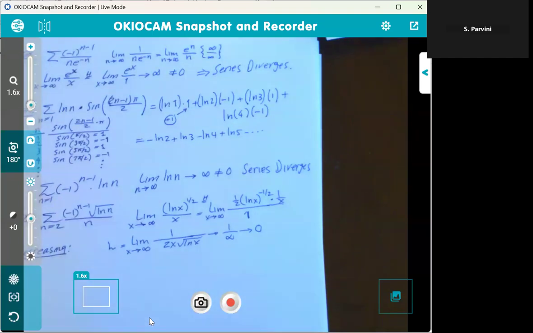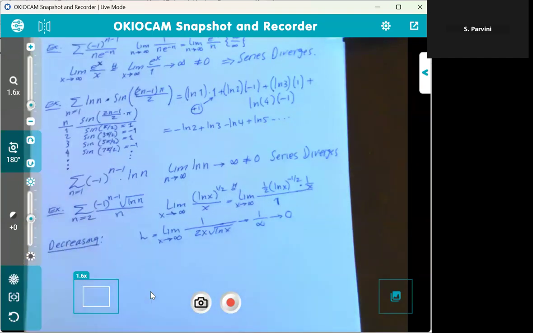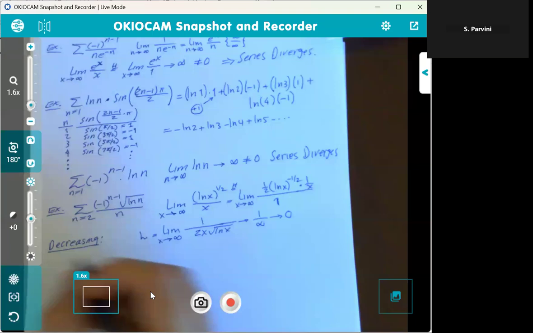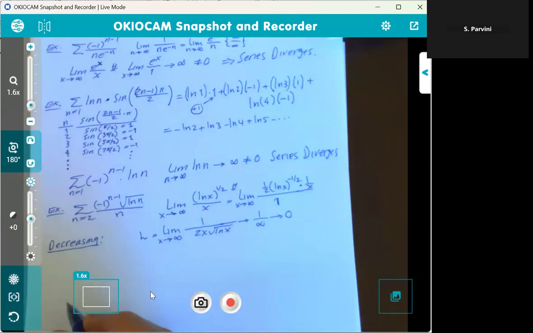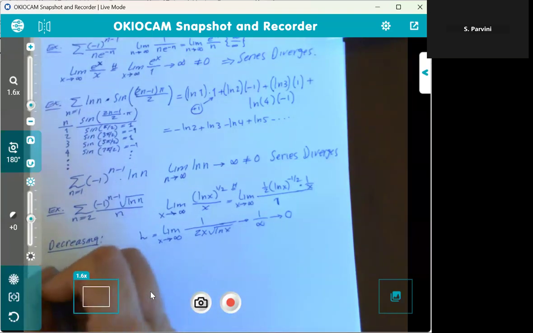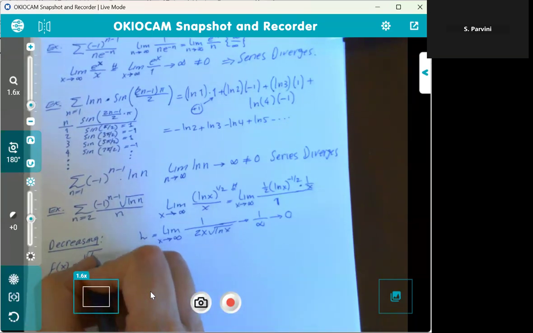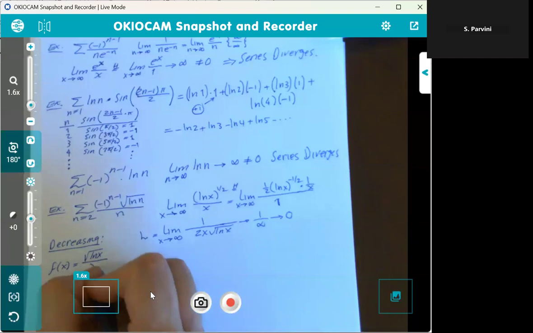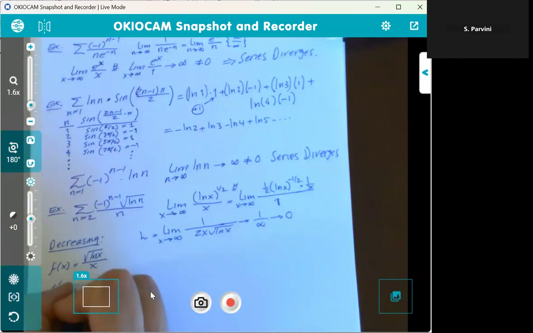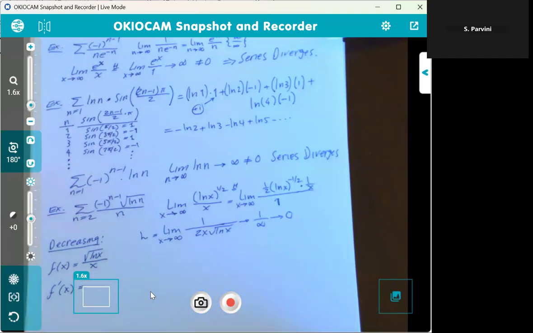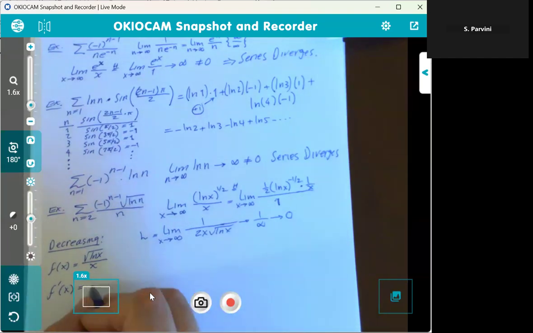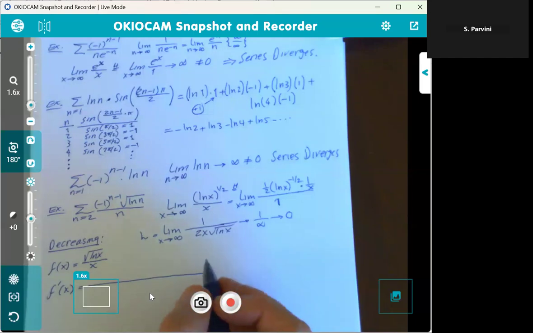Is the series, or the sequence version of the series, decreasing? So for that, I'm going to take the derivative. I'm going to use the first derivative test. My f of x is going to be square root of the natural log of x over x. And now we can do f prime of x. The first derivative, it's going to be a long line.